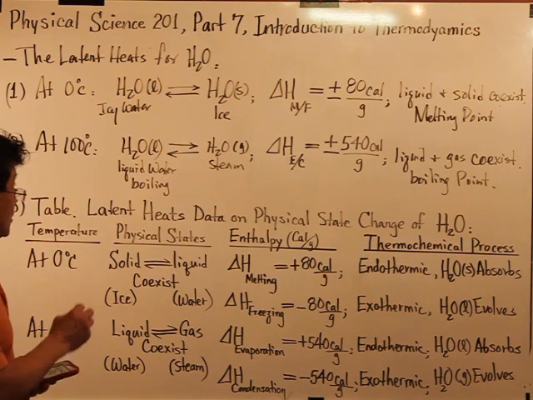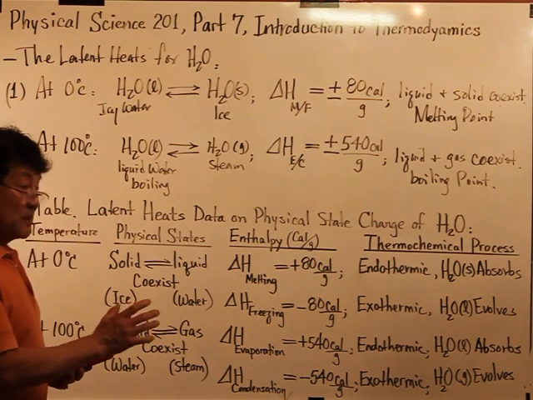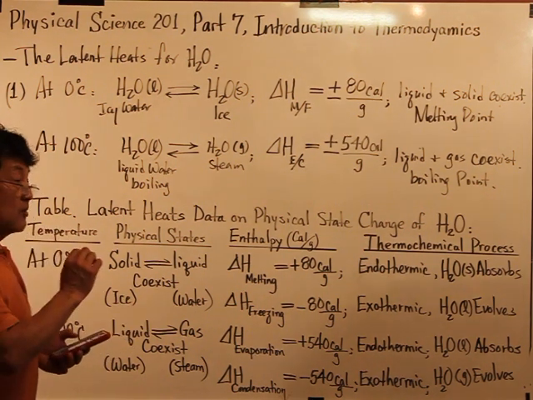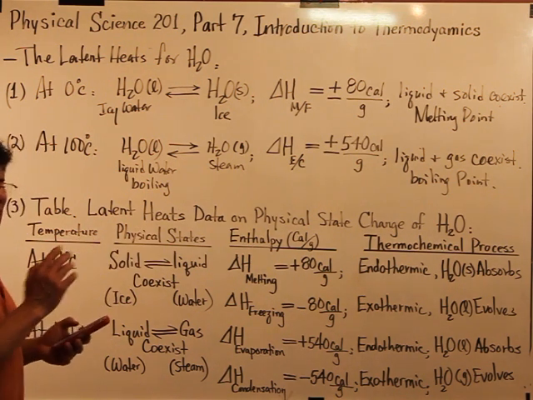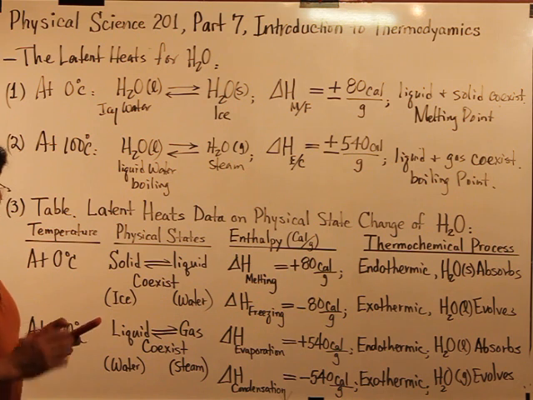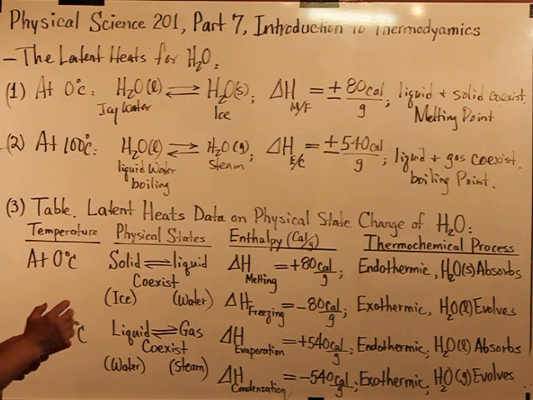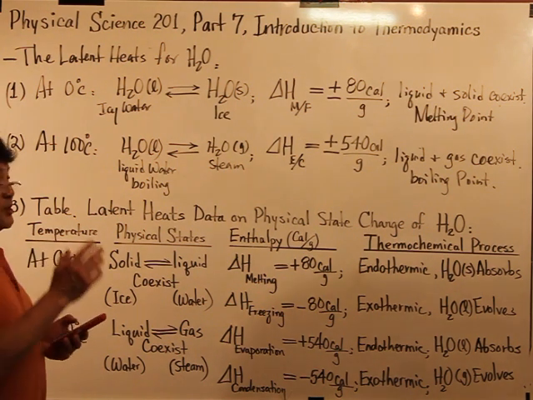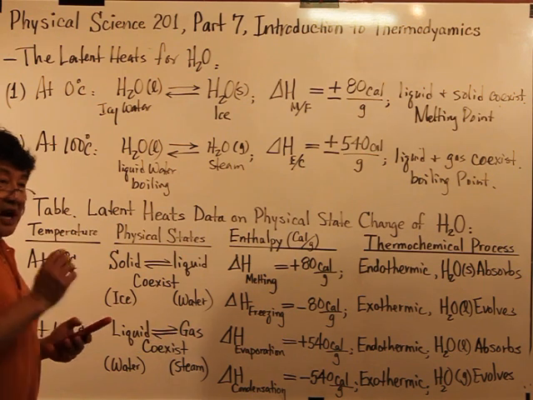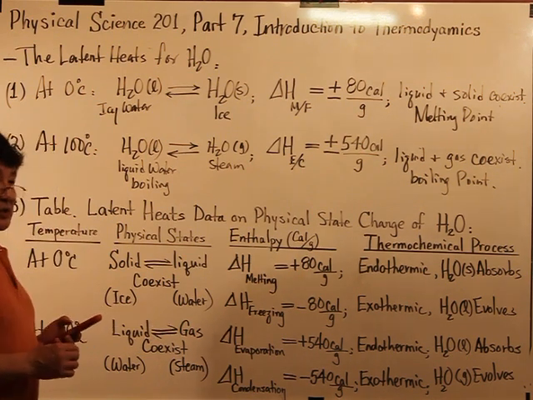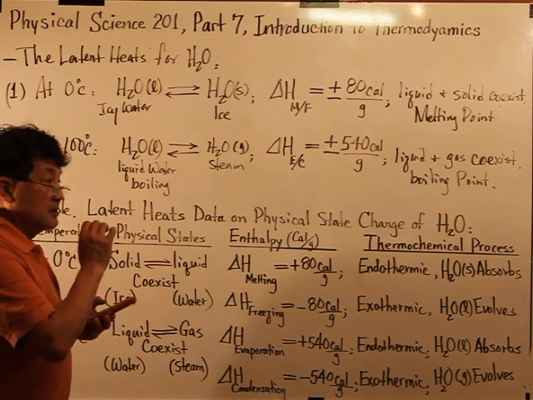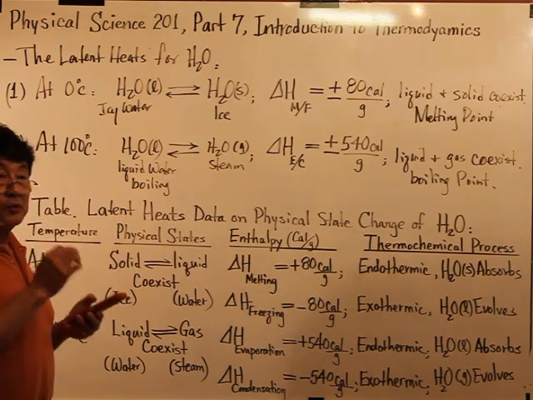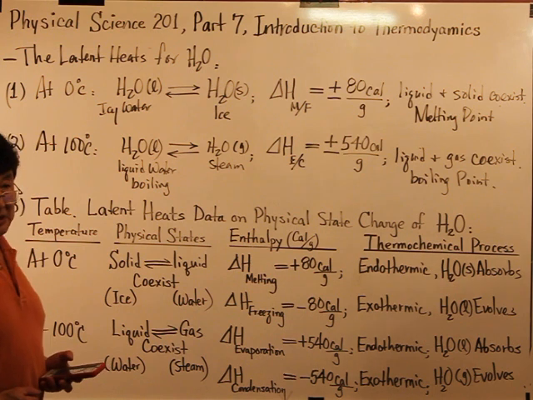So one absorbs heat, one gives away heat. That's two totally opposite processes. So we involve energy either being added to the ice to melt it, or the icy water has to give away its heat to be frozen into ice.